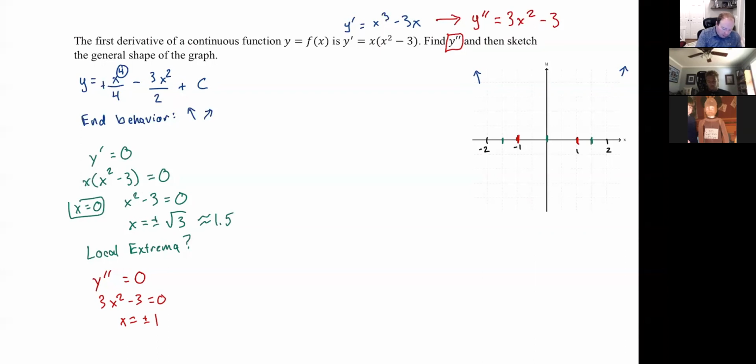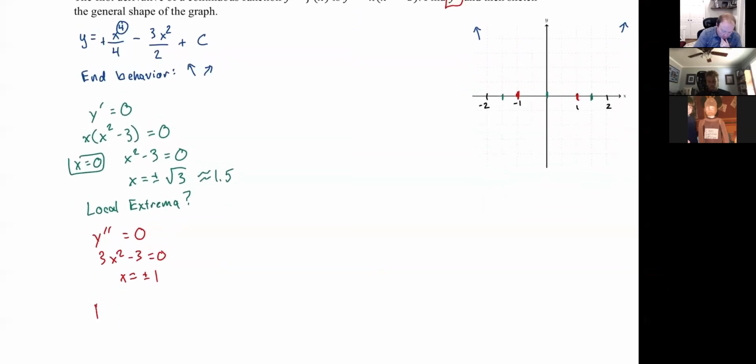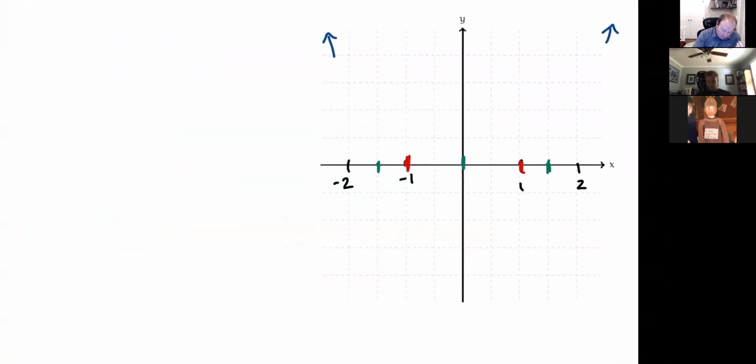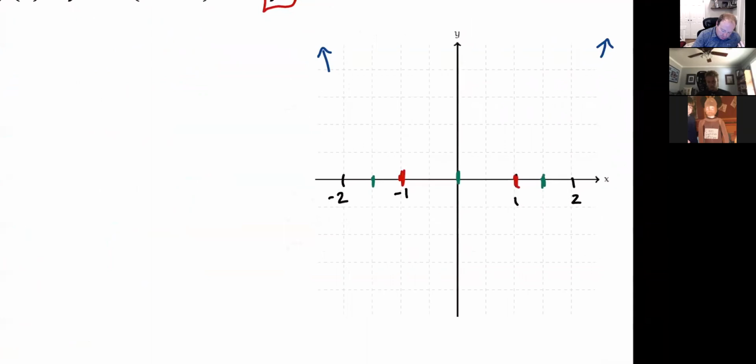So again, I could continue and maybe go a little bit more deeply into the actual test, but I'm just trying to sketch it. A possible point of inflection, so right here. So if I'm just thinking about the behavior that I know from pre-calculus, what I think would be a good option would be, let's see, I need some sort of minimum.